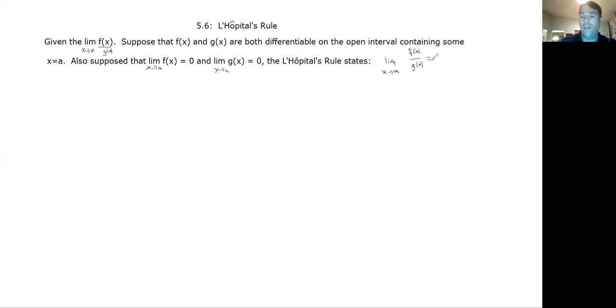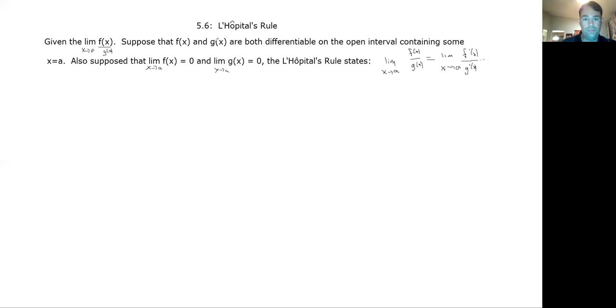It states that the limit of f of x over g of x as x approaches a equals the same limit of f prime of x over g prime of x. And friends, this process can continue if we needed to. So I'm going to add a few little dots there.